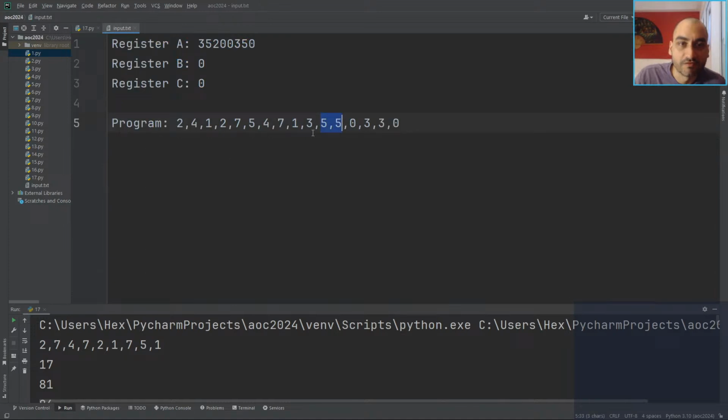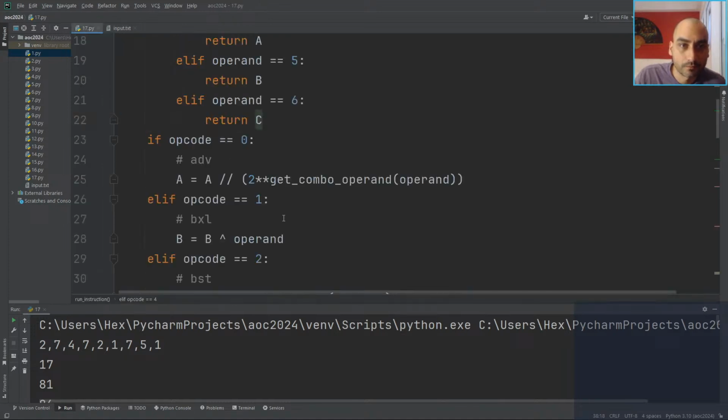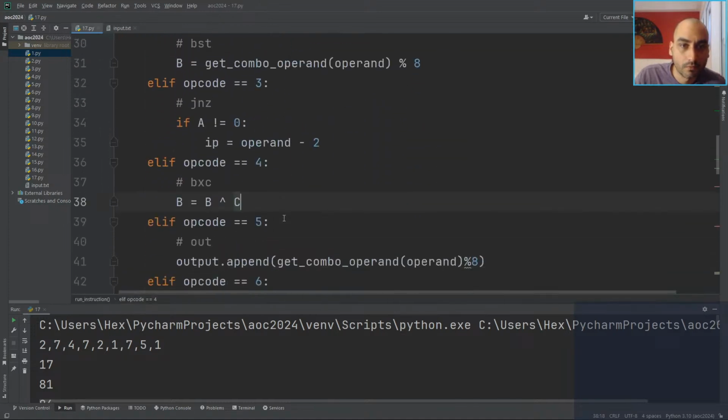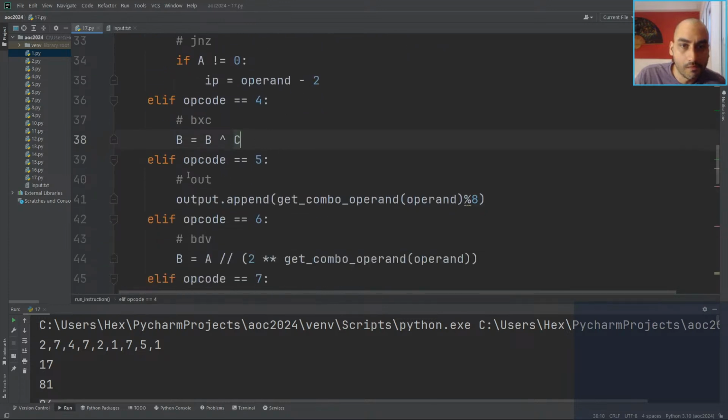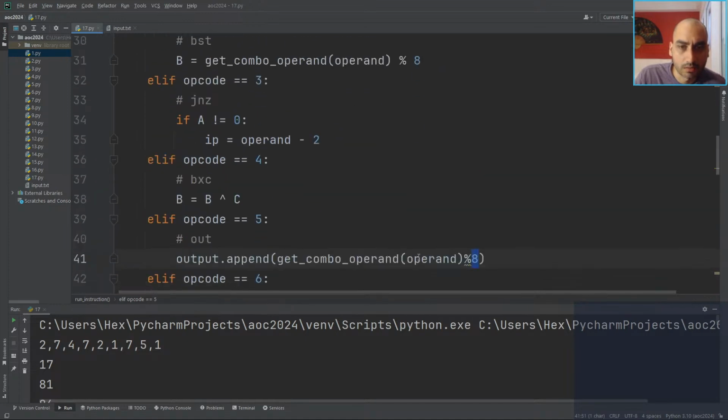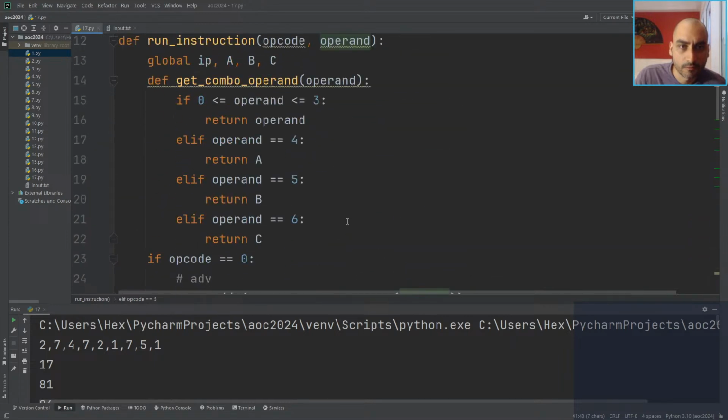Then we go to the next one, 5, 5. And then here we output get combo operand percent 8. Operand is 5.